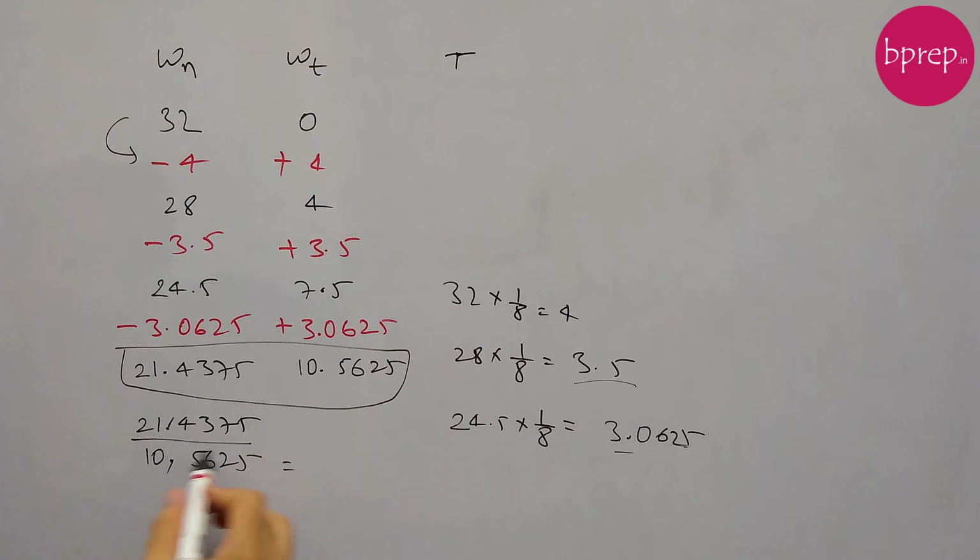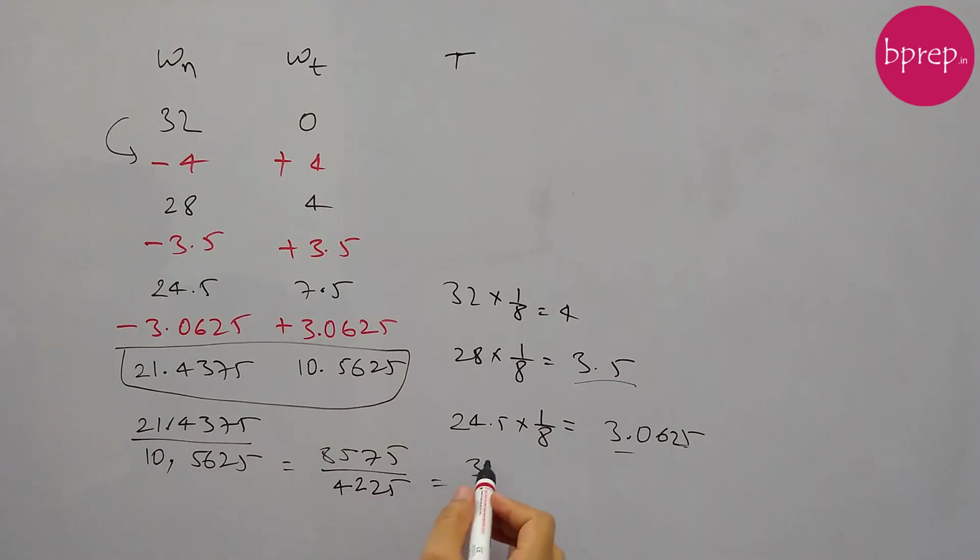So if we divide it, we'll get 857 by 423. Okay, and again we can divide it by 25. So this is 343 by 169. Okay, so this is the correct answer.